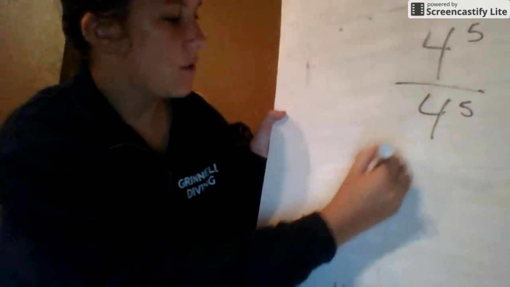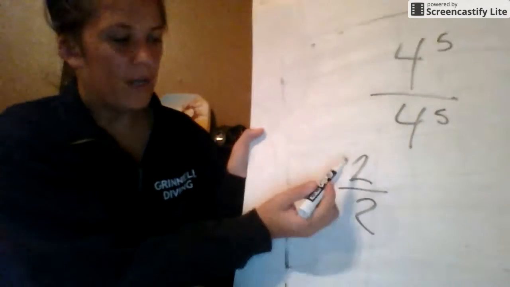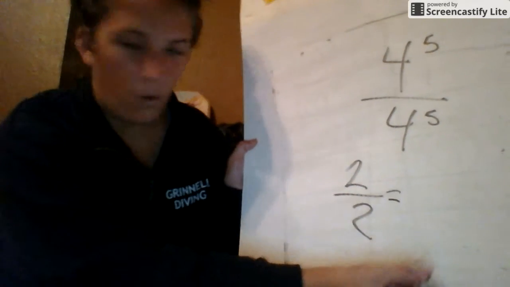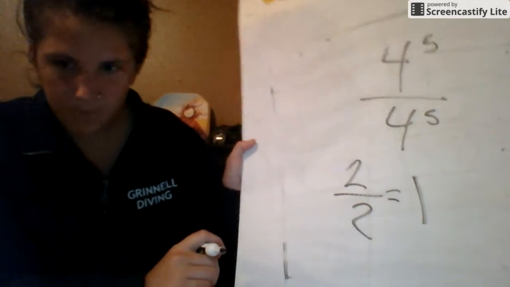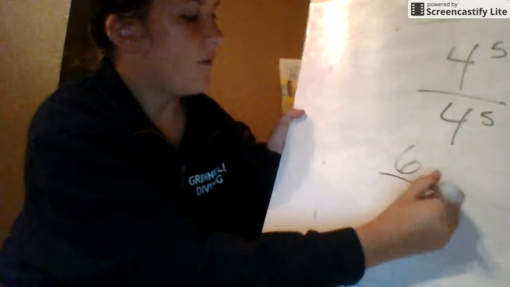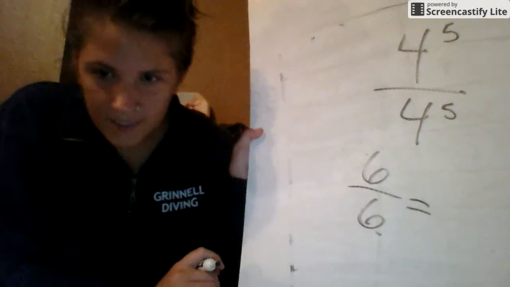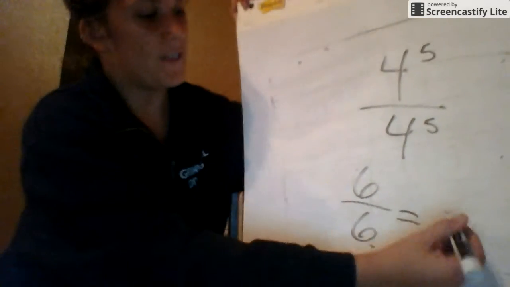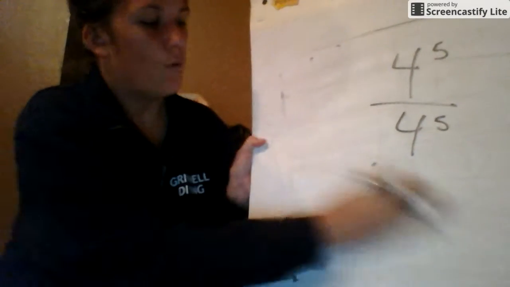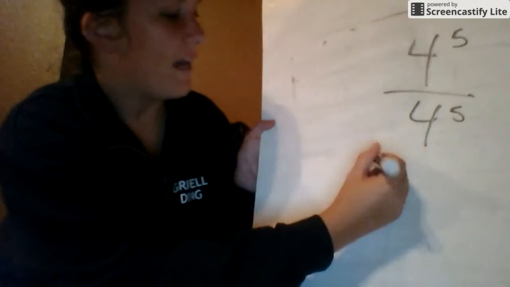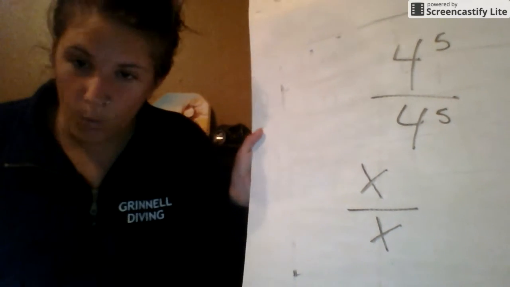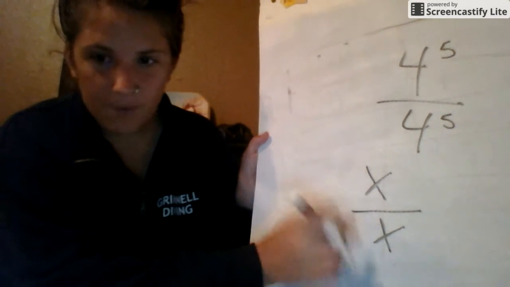I know that 2 over 2, if my numerator and denominator are the same, I know 2 over 2 is a whole or equal to 1. I know that 6 over 6 is a whole because the numerator and denominator are the same, and that is equal to 1. Even if I don't know the number, so if I have x over x, I don't know what x is, but I know that these are both the same value.